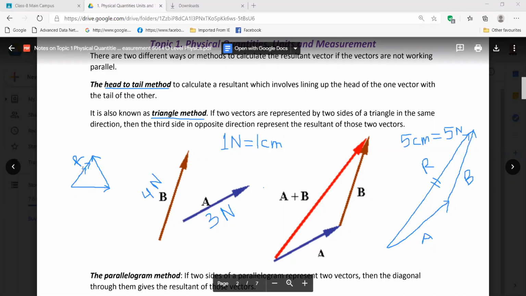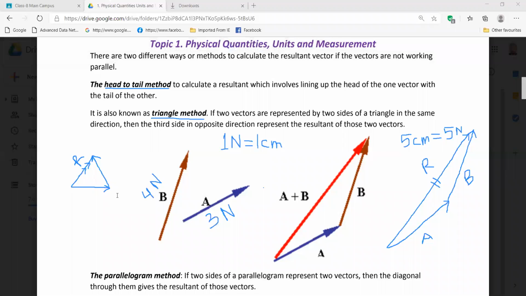The head to tail method and the triangle method are kind of the same. Kind of same means exactly the same. Just we are giving them in different ways, thinking in different ways. Someone is thinking of it as the head to tail method and someone as the triangle method.